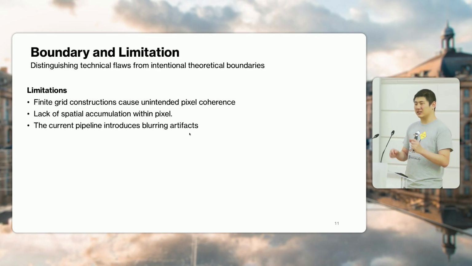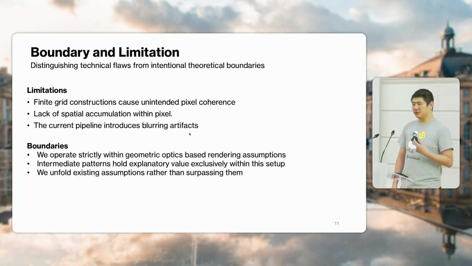Since we assign only a single phase to it, it means the field in this physical area is perfectly coherent, and this is not what we want. Secondly, we don't have spatial accumulation within the pixel. These two together may help to explain why we have the blurring artifacts shown before.